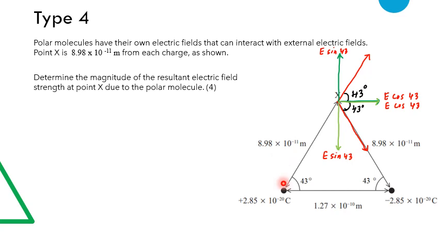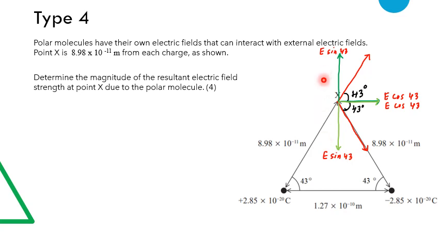Distance from both charges to the point X is the same. Hence, the magnitude of electric field strength at X due to both charges is also the same. If you look at the vertical components, their magnitudes are equal but acting in the opposite direction.